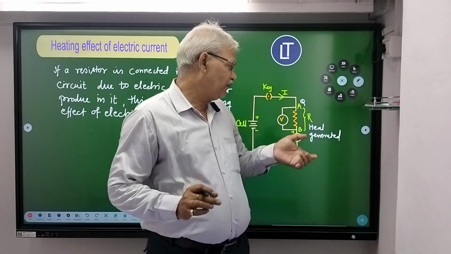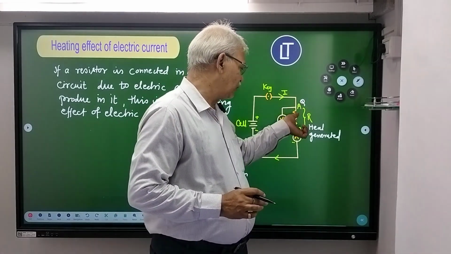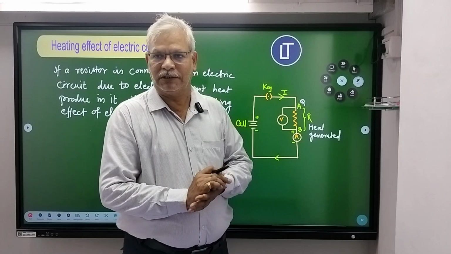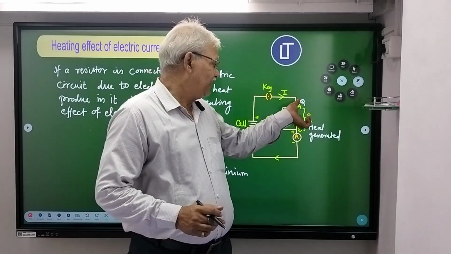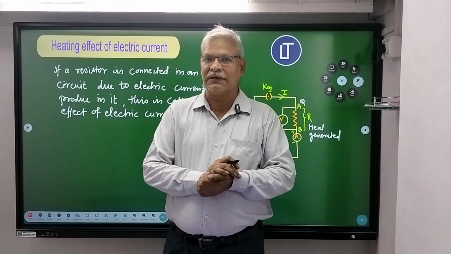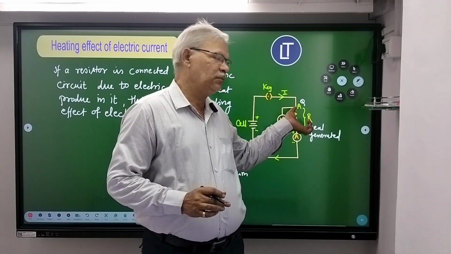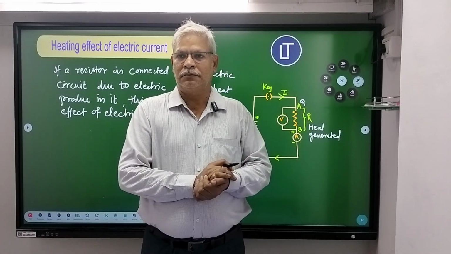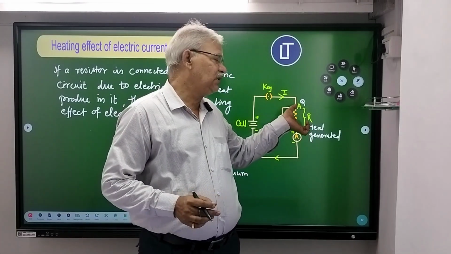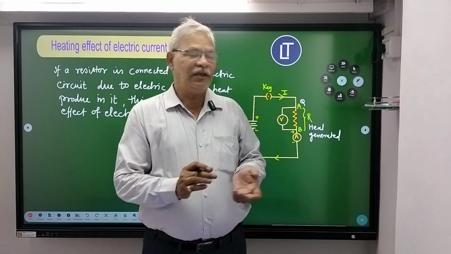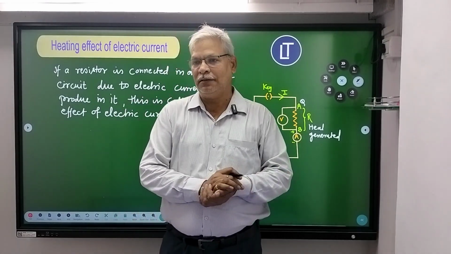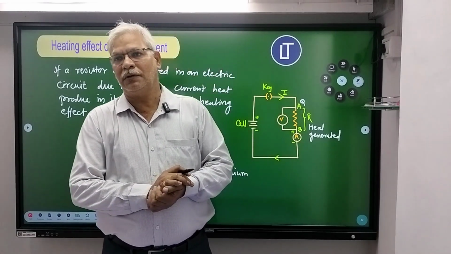When it collides with the atoms and molecules, due to the obstacle it becomes heat, which means heat will be generated. If the resistance is high, more and more heat will be generated.